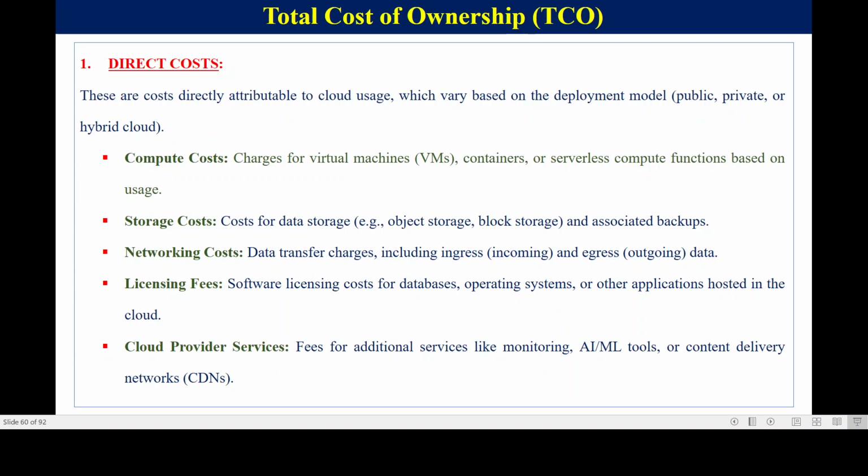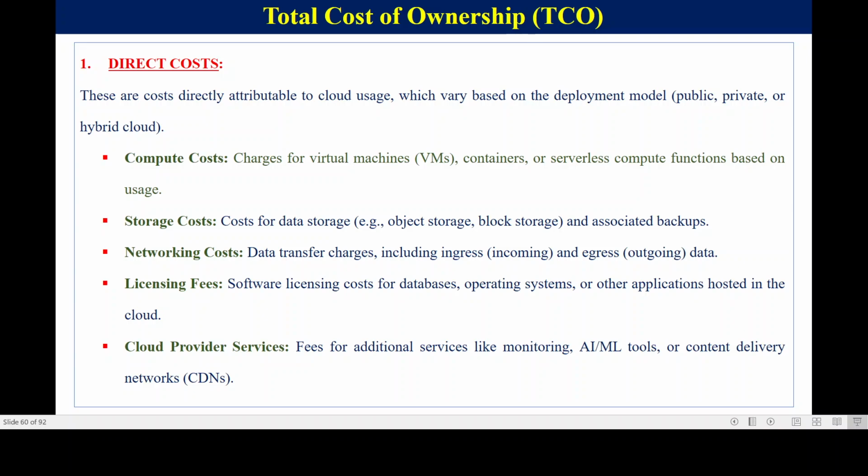Organizations transferring large amounts of data must carefully monitor networking expenses. The next one is the licensing fees. Many applications require software licenses. Examples: Windows Server, SQL Server, Oracle database. These licensing costs are also included in total cost of ownership.